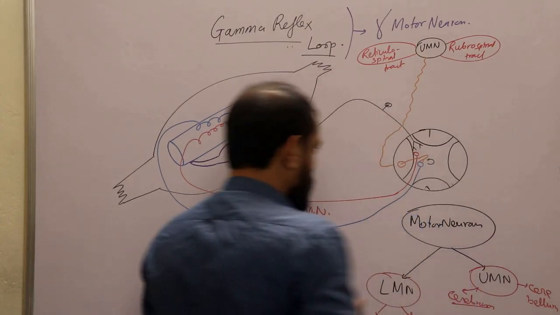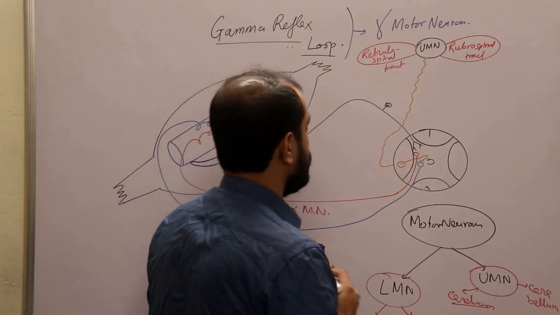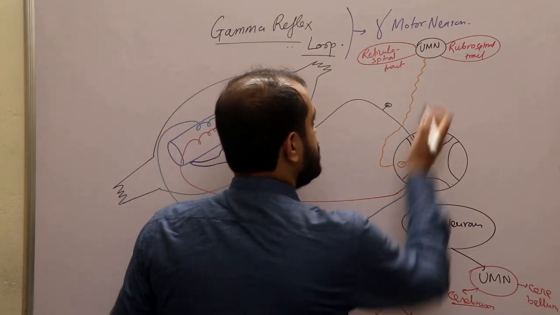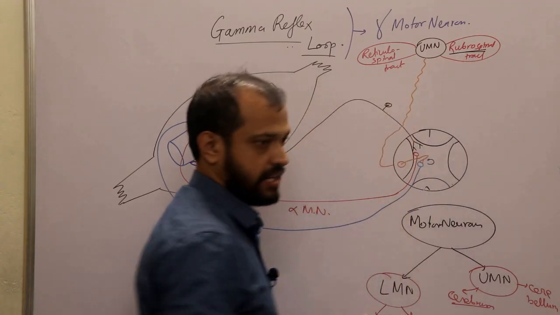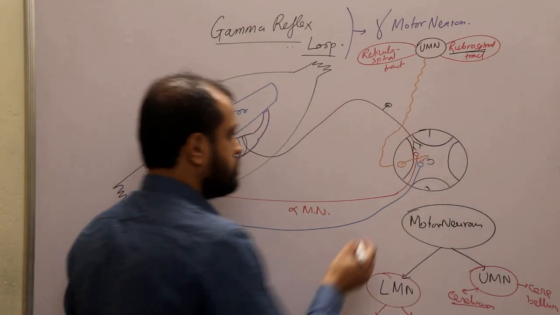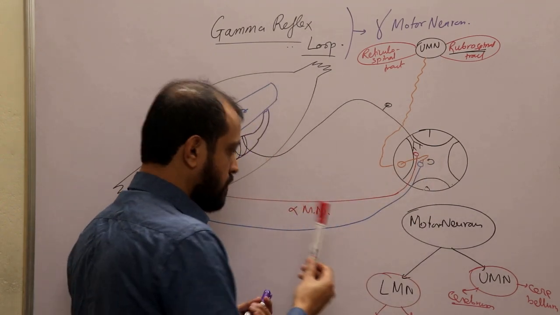That means gamma motor neurons are excited or influenced by these two tracts directly, that is rubrospinal tract and reticulospinal tract. No other tracts actually are interested in activating the gamma motor neuron.